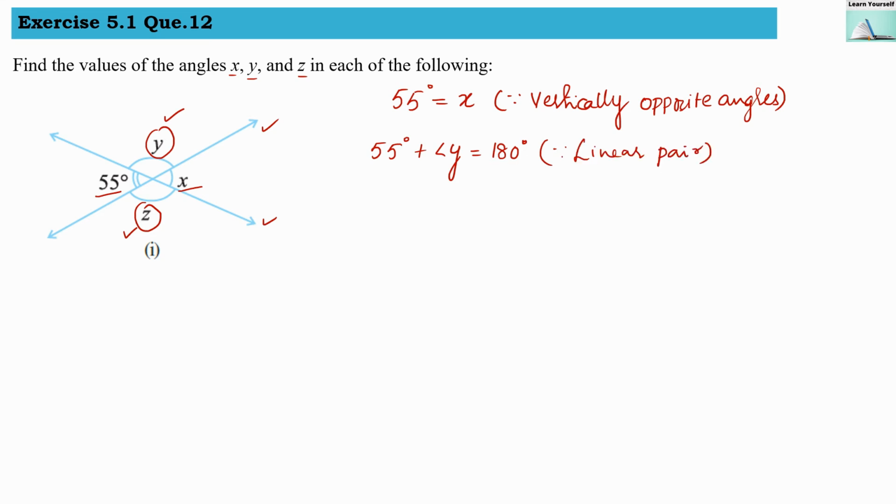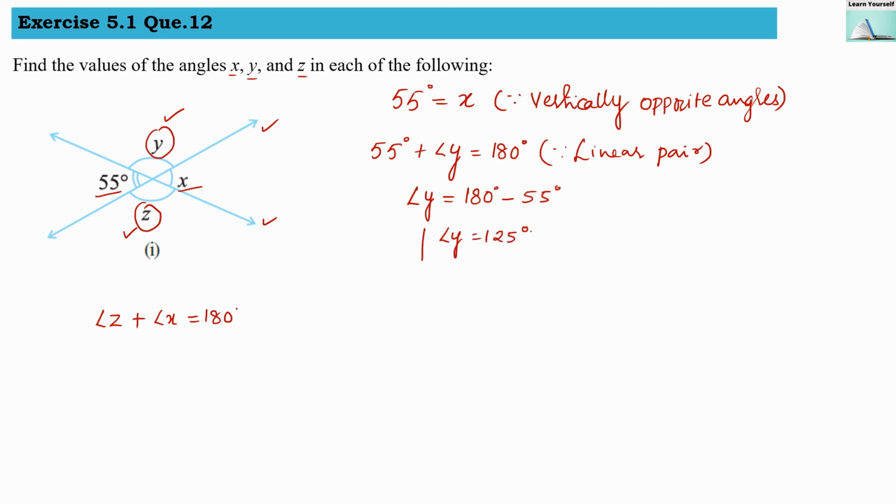We can also write that angle Z and angle X are also forming a linear pair. We can find the measure of angle Y: 180 degrees minus 55 degrees gives us angle Y equals 125 degrees.